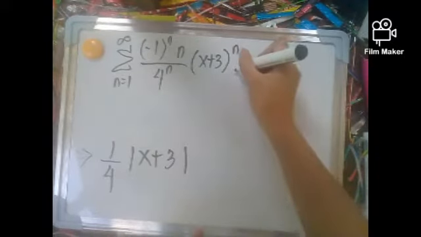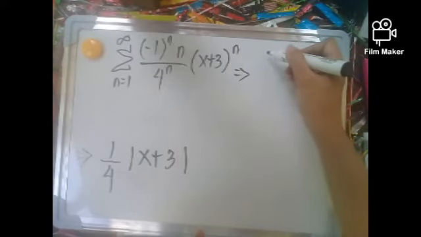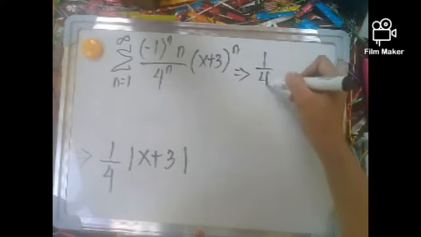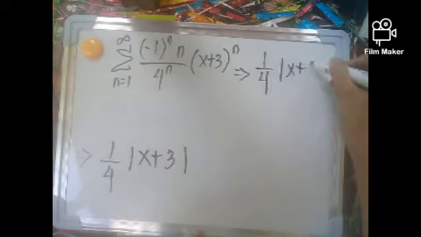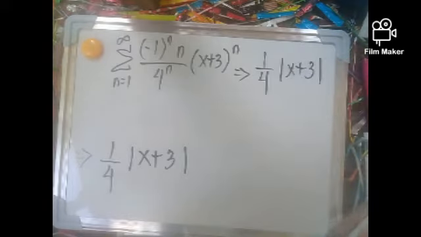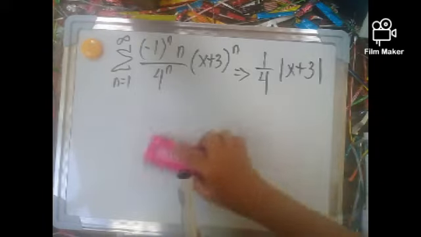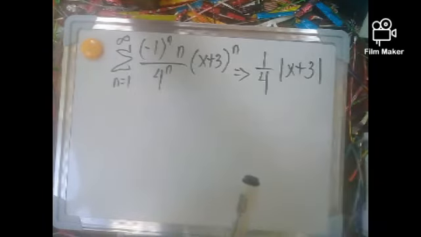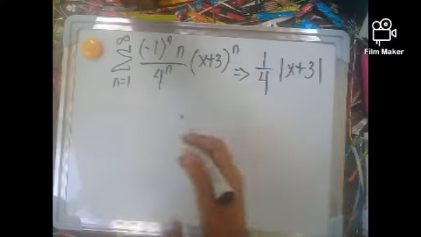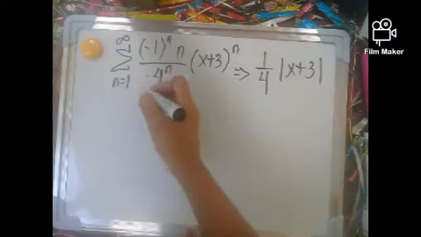So let's write here what we've got. We have 1/4 times x plus 3. So katulad na sinabi ko kanina, sa pagkuha natin ng interval of convergence, para malaman natin kung nag-diverge ba siya or nag-converge into the original series.